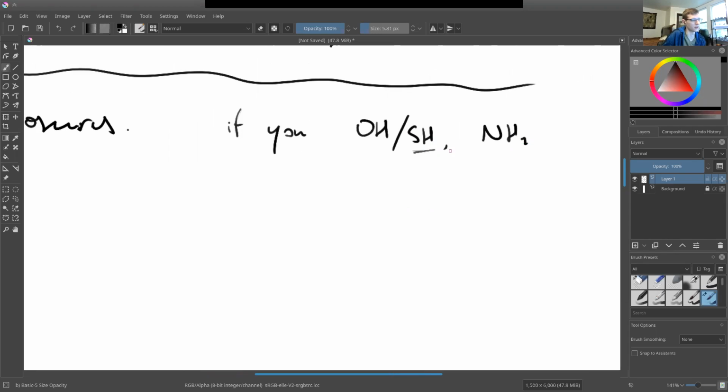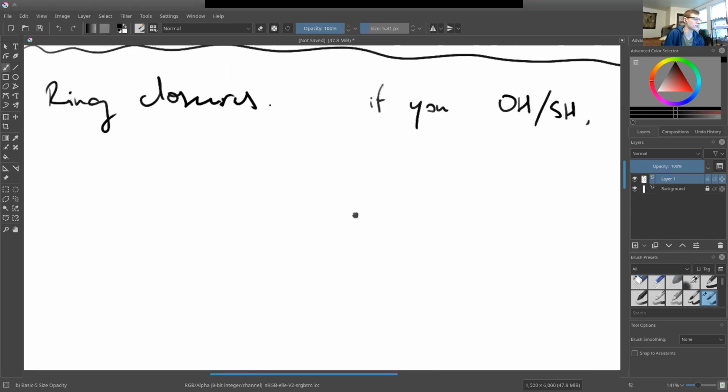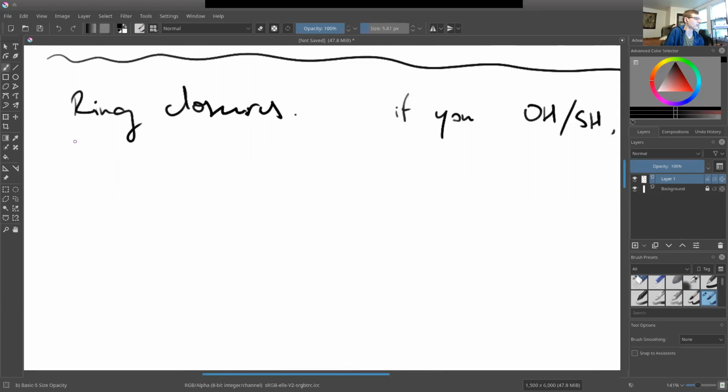Or this is called a thiol, right? Or an amine. If you have one of those, then you could probably do a ring closure. And the way that this is going to happen is, I think this will typically happen by SN2.